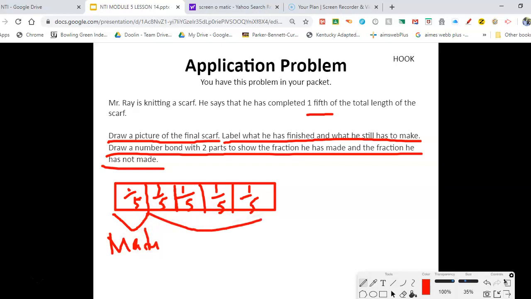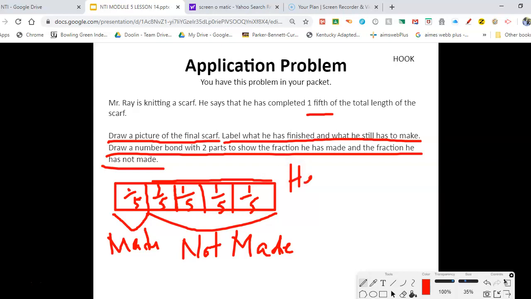And this is what he has not made. So how much of his scarf has he not made, or how much does he still have to make? We have 1/5, 2/5, 3/5, 4/5. So he still has to make 4/5.